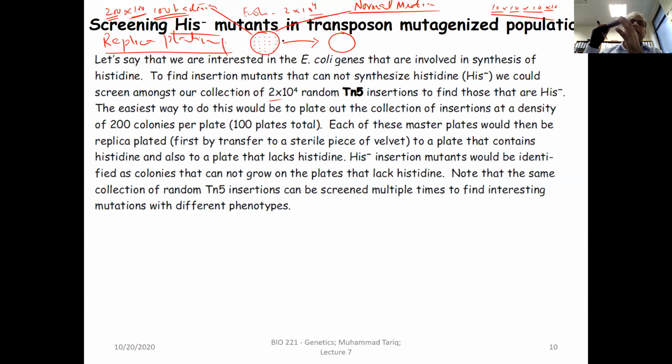And we go with this stamp onto the replica plate, which lacks histidine in the media. On the master plate everybody will grow, but when we replica plate, we will see gaps.